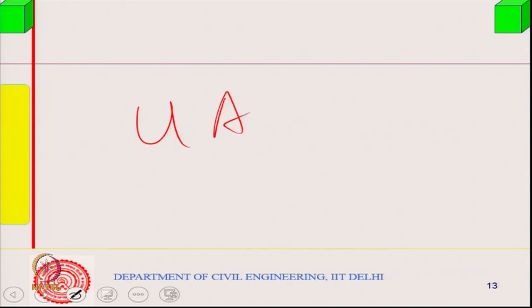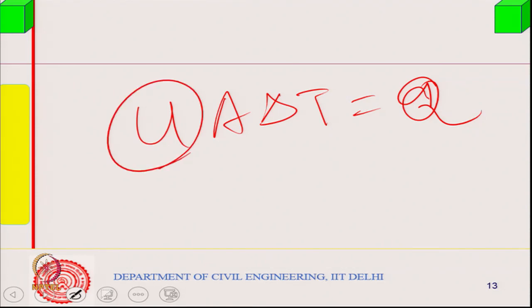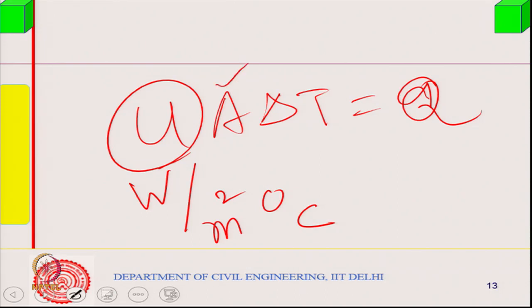But U A temperature difference gives you the amount of heat. U is what we call the U value or transmittance value, whose unit is watt per meter square per degree centigrade, into the area of the wall into delta T, the temperature difference, that will give me the amount of heat that will come in.